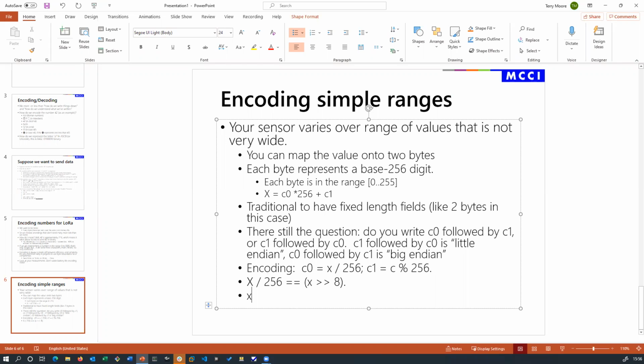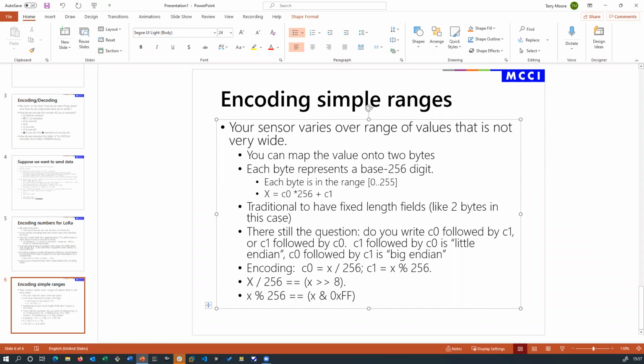And X modulo 256 is identical to X AND 0xFF, because X modulo 256 is just the bottom 8 bits of X.